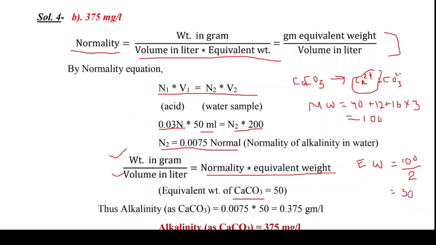So from there this 50 is coming. The total alkalinity as CaCO3 is normality into 50, that is the equivalent weight. So we got 0.375 grams per liter, which is equal to 375 milligrams per liter. Have a look at the solution. Then we'll see the next question.